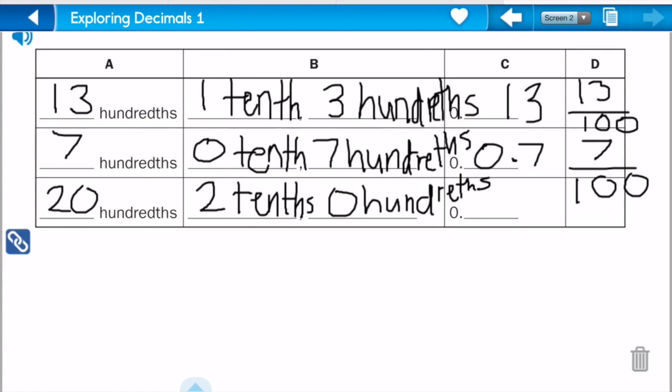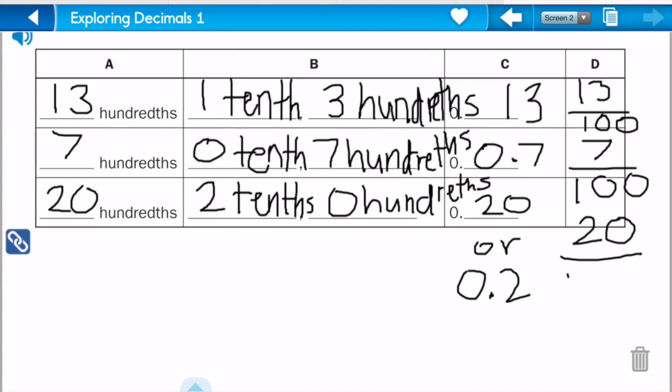It's hard to fit that big word in that little box. And so as a decimal, we can write 0.20 or 0.2. And our fraction would look like 20 over 100.